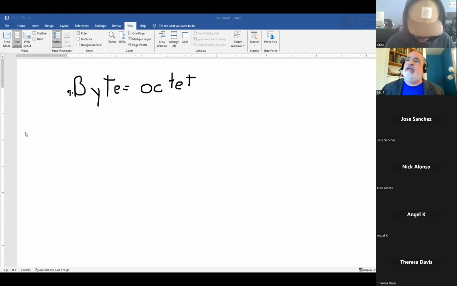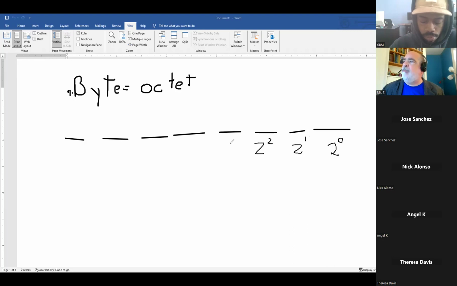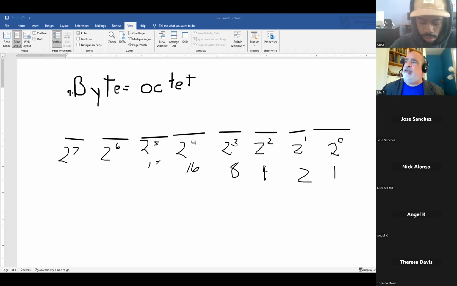So what we have is 1, 2, 3, 4, 5, 6, 7, 8. And the way the computer counts them is by multiples of 2. It's always base 2 or powers of 2. Start with 2 to the 0 power, 2 to the 1st, 2 squared, 2 cubed, 2 to the 4th, 2 to the 5th, 2 to the 6th, and 2 to the 7th. So this is equal to 1, 2, 4, 8, 16, 32.